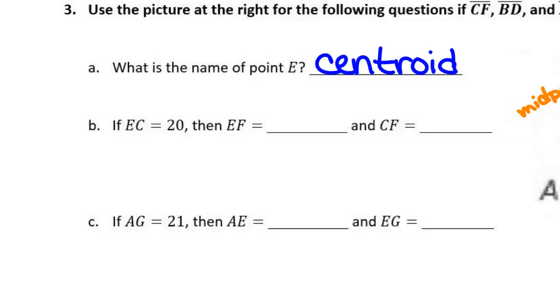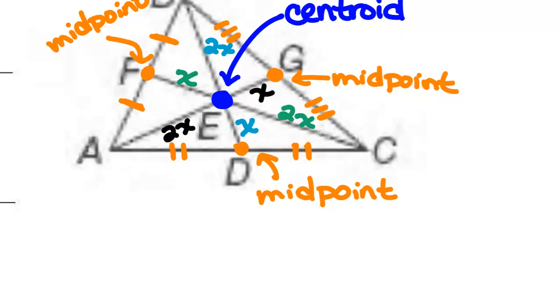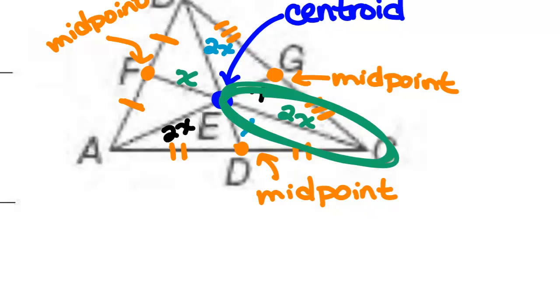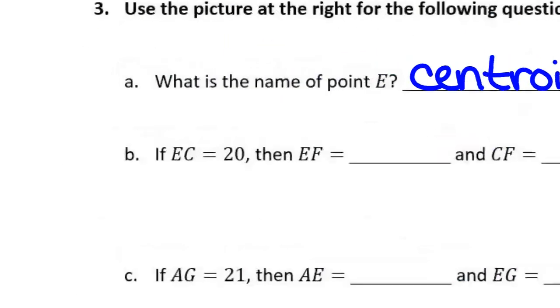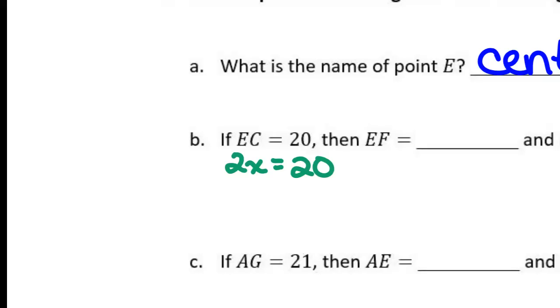All right, so part B says that EC is 20. Well, EC is this right here. Is that a 1x, a 2x, or a 3x? That's a 2x. So 2x equals 20. If 2x equals 20, then how big is just x? 10.